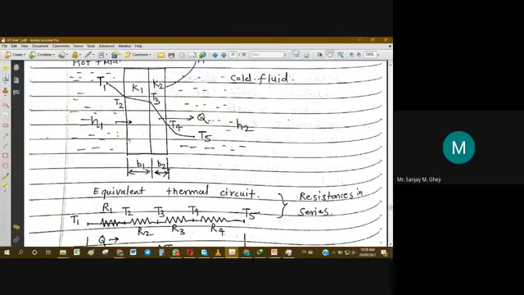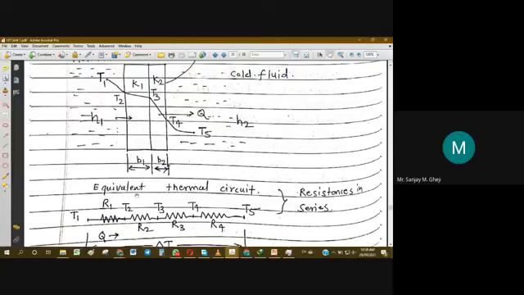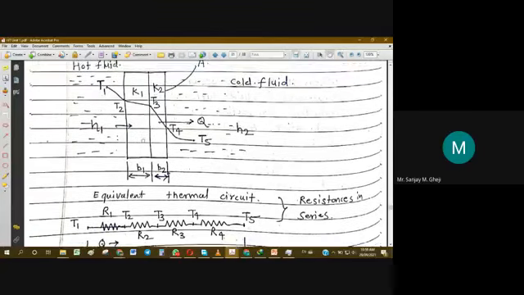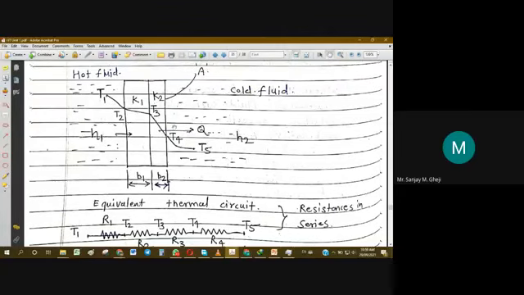From this we can set up the equivalent thermal circuit. All these materials are forming a series combination because heat is flowing in a sequence from one material to the other material, and so on. First, heat transfer is from this fluid to this plate. This is by convection.